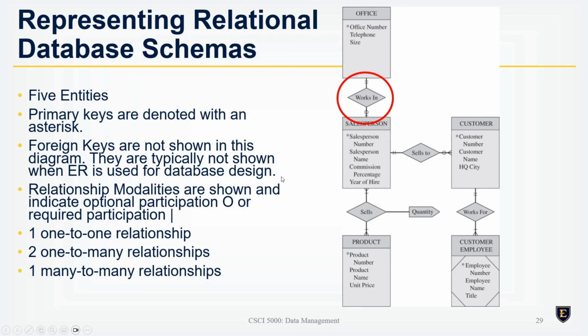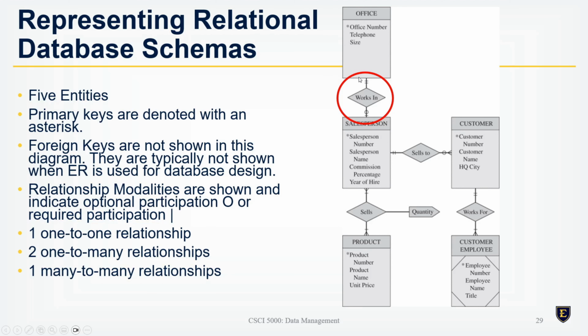We also see modalities here. Modalities are the innermost symbol on a relationship. So this means if a salesperson works, then they will have an office. It is required for them to have an office, and they have at most one office.